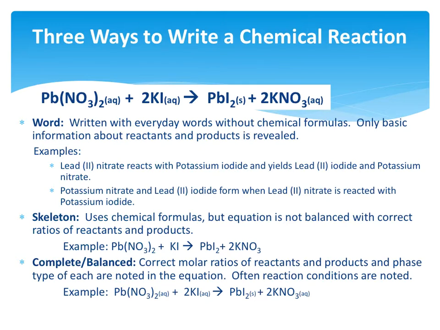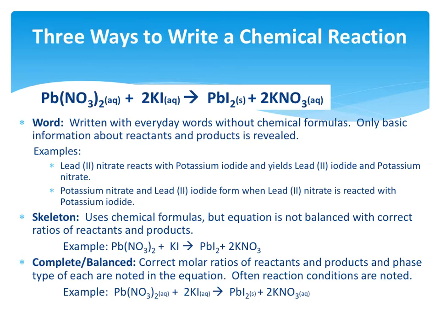The first and most basic way of writing a chemical reaction equation is using just words, everyday words, without any chemical formulas. The only basic information transmitted to the reader is about the reactants and products.